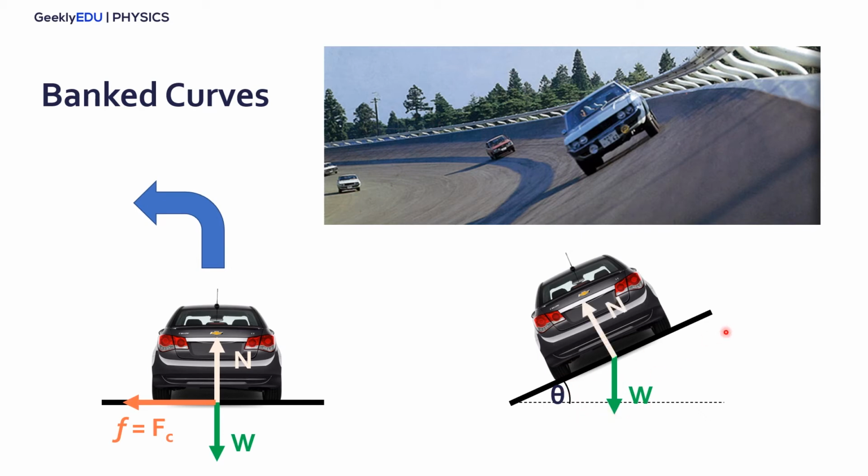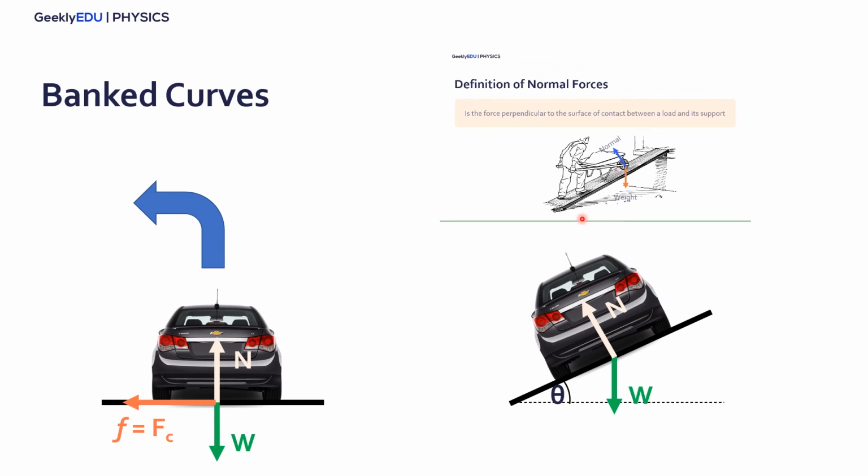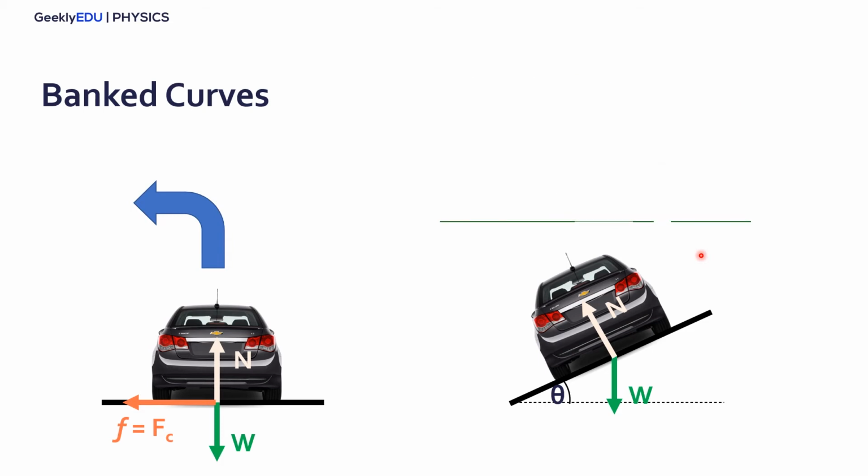And now we have the normal force, but the normal force, remember, is always perpendicular to the surface, okay? Again, if you're having troubles with the normal force, you can check out our video about normal forces, where we explain it better. But let's continue to our situation.